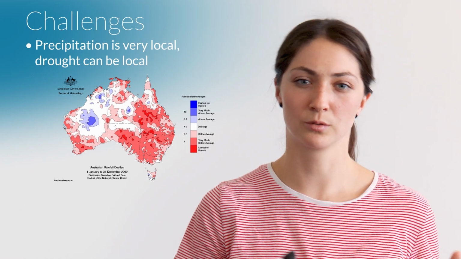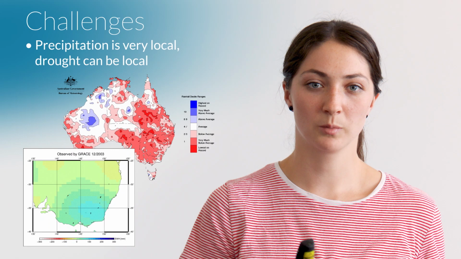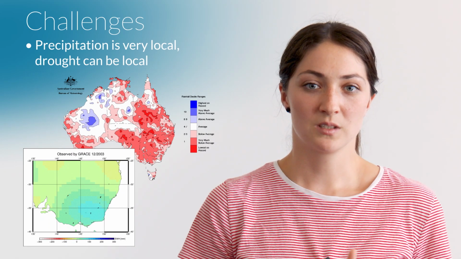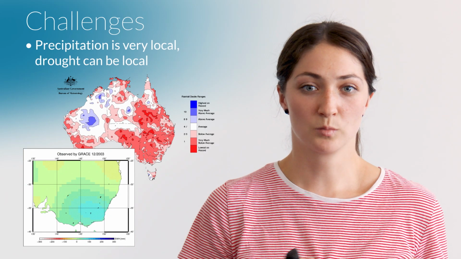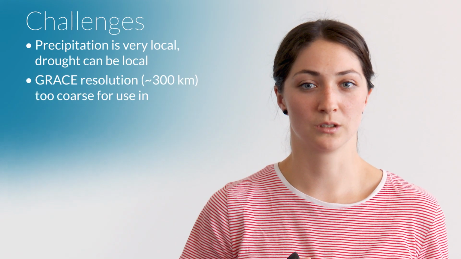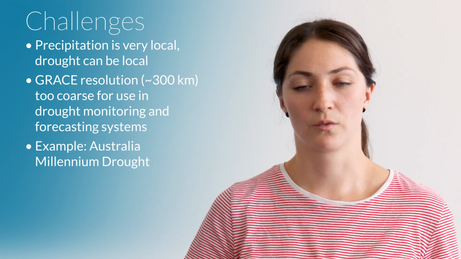When you compare it to the GRACE map, you see that the signal is much smoother, and this means that the smoothness is maybe too coarse for using it in drought monitoring and forecasting systems. What we do now is integrate GRACE into hydrological models, but this is part of the webinar.